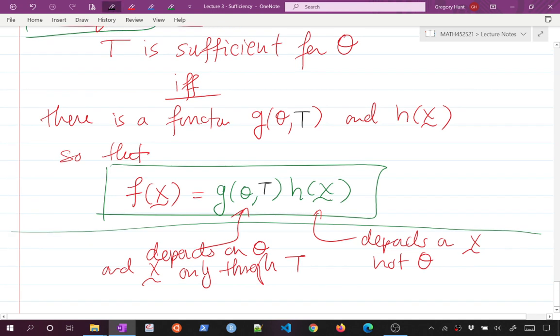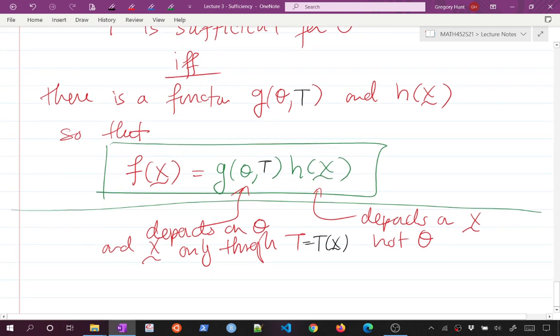So one h only depends on the data, not on our parameter. And the other part of the distribution depends on the parameter, and it only depends on x through the function t, which is t of x or whatever. If and only if I can do that, t is sufficient for theta.